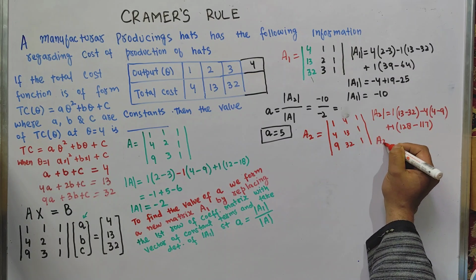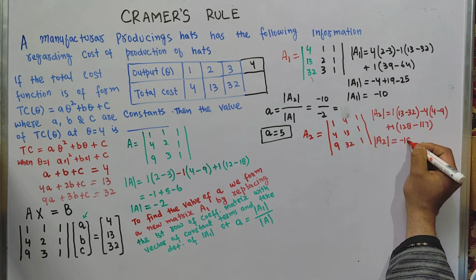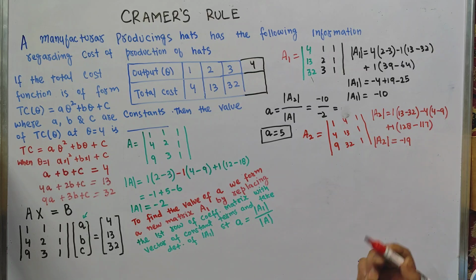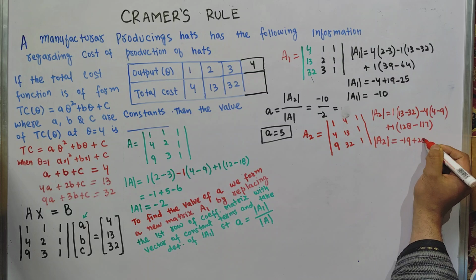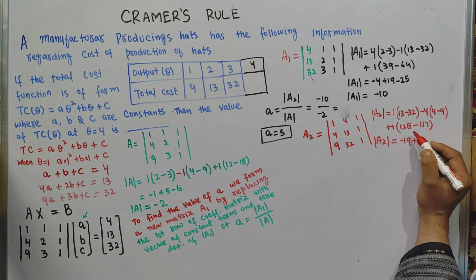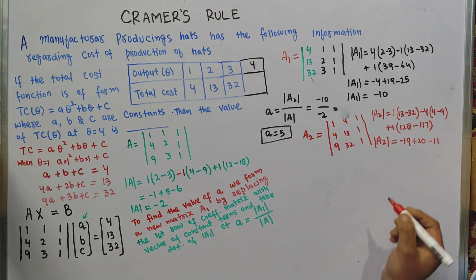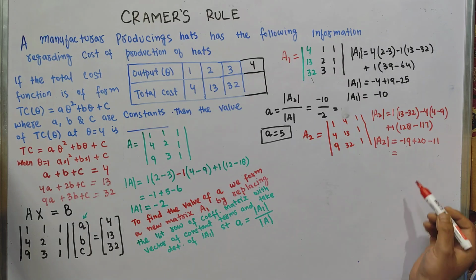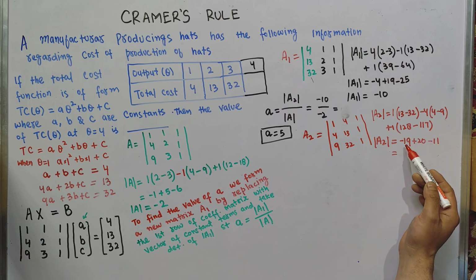So the determinant of A2 is 13 minus 32, which comes out to be minus 19, then 4 minus 9 is minus 5, minus 5 into minus 4 is plus 20, then 128 minus 117, so we get 11 here. This sums up to be 20 plus 11 minus 19.